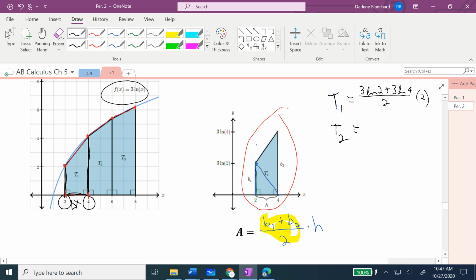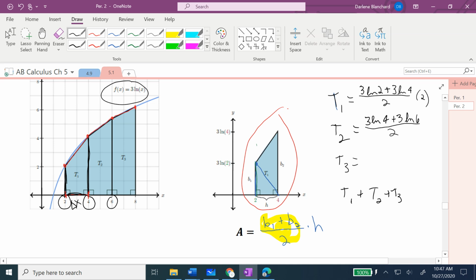And then I have to sit here and literally do this for each individual trapezoid and then add those areas together. So my next trapezoid is going to be found: one of the bases plugs 4 in again. The other base plugs 6 into the function.